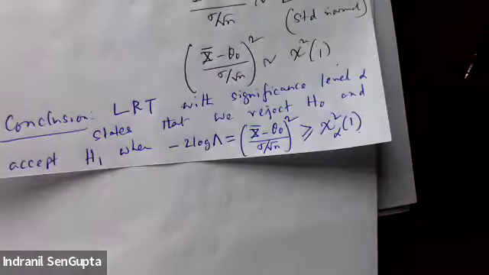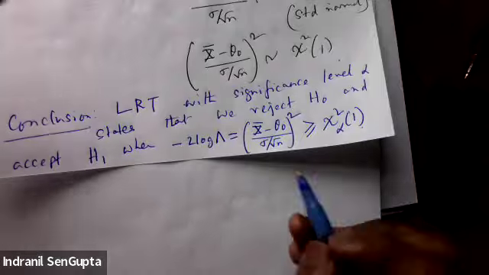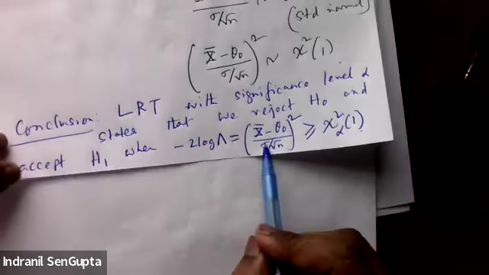Okay. So that is the same as a z-test for the normal mean, right? Only that S is replaced by sigma.